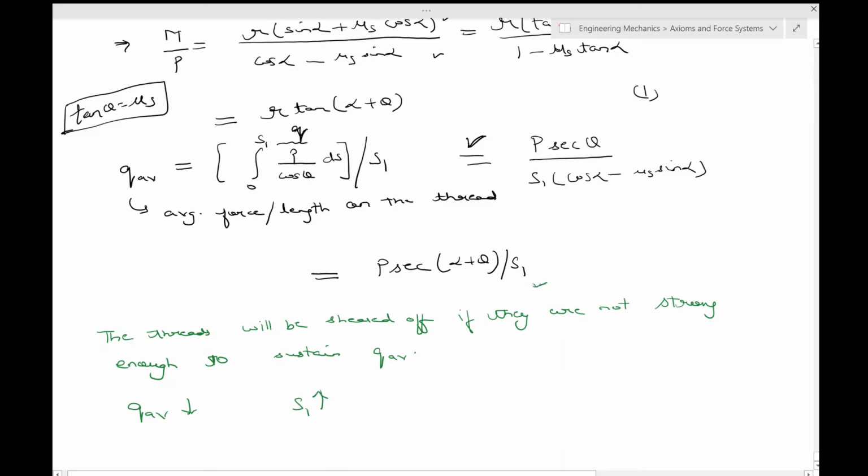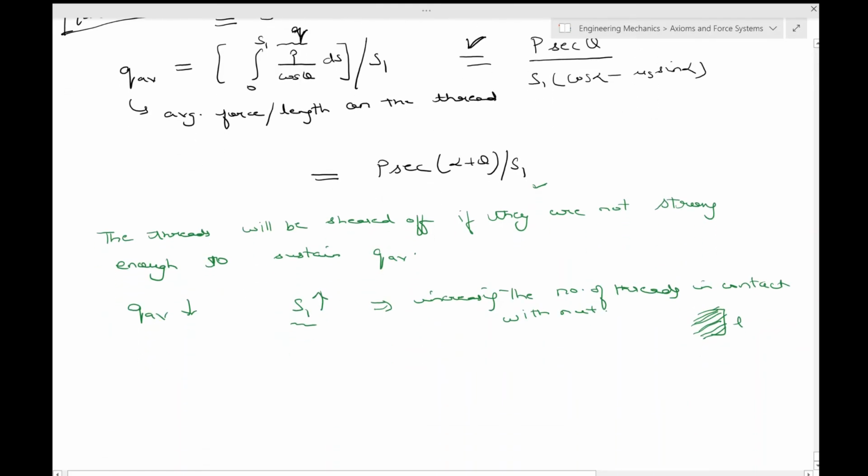It's somewhat inversely proportional, and this implies that by increasing the number of threads in contact with the nut, in the same region where the translation L has to happen, you include more threads so that it keeps on passing through the helical path and the total distance traveled, S1, is larger.